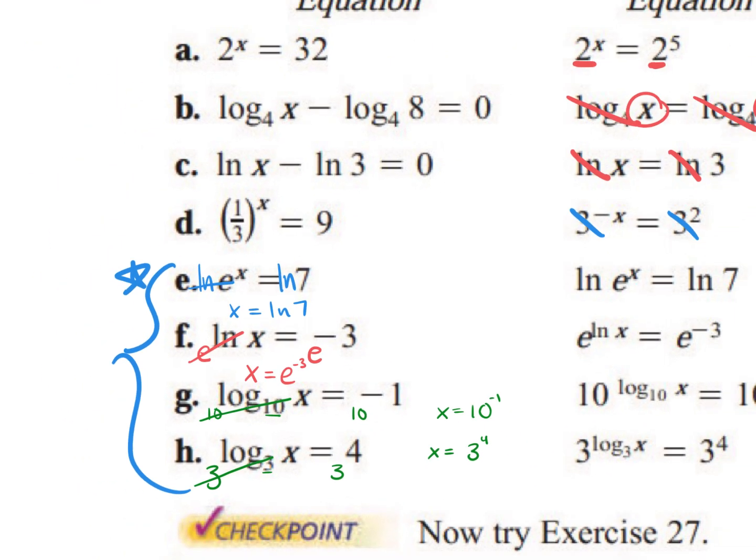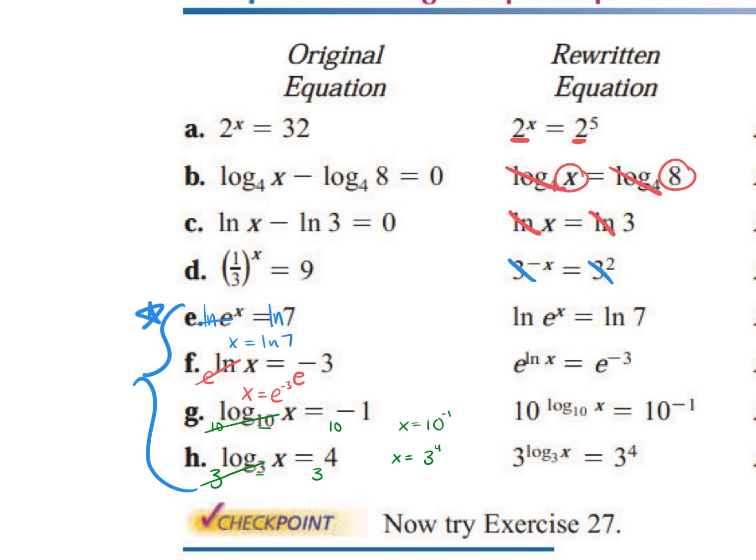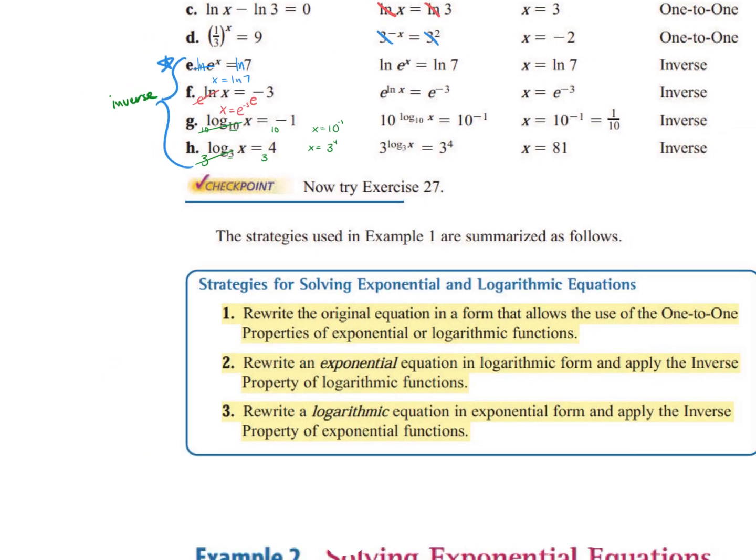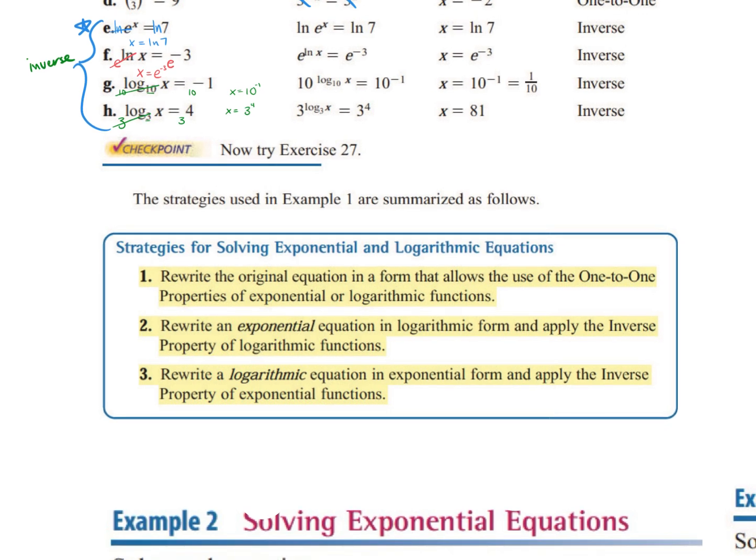So these are like the building blocks. This is the fundamentals that you've got to understand that you can do in order to solve. So these are inverse. If you have logs, you use exponents. If you have exponents, you want to use logs. All right, so it gives us strategies for solving.